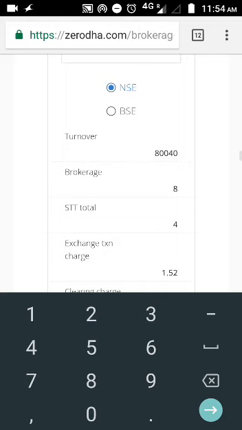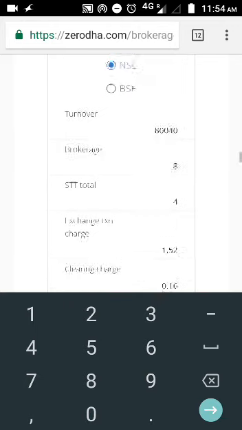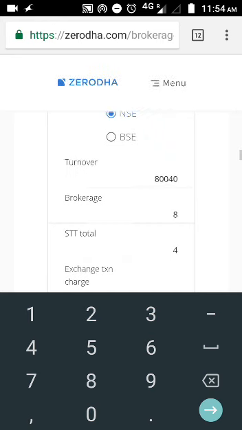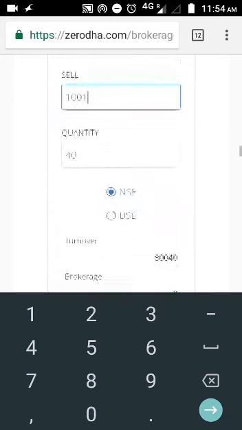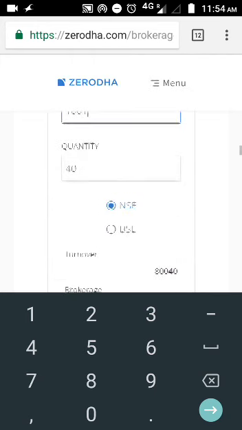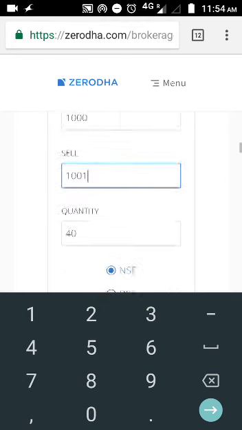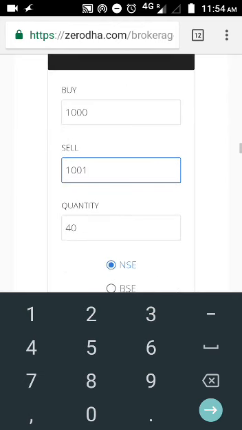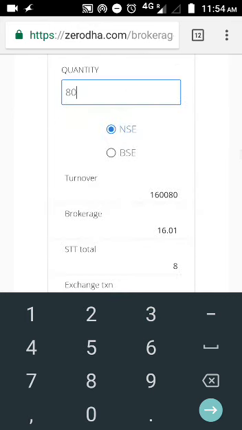because the other platforms do charge a lot, and they charge especially for each lot. With Zerodha, it's much simpler. It doesn't matter how many lots you trade, the turnover will be more, but the brokerage here, as you can see in the second column, will be the same whether you are holding or not holding.